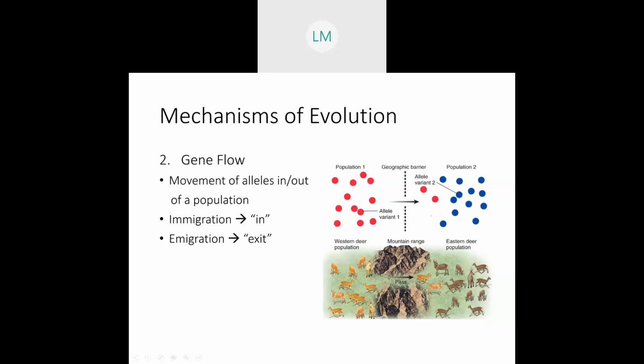Before, 100% of alleles were coding for this coat color. Now we have a new allele that has entered the population through immigration and has changed the allele frequencies. Remember that when we're talking about microevolution, it's just a change in allele frequencies over time. So this has changed the allele frequencies here just by a movement of individuals into a population.